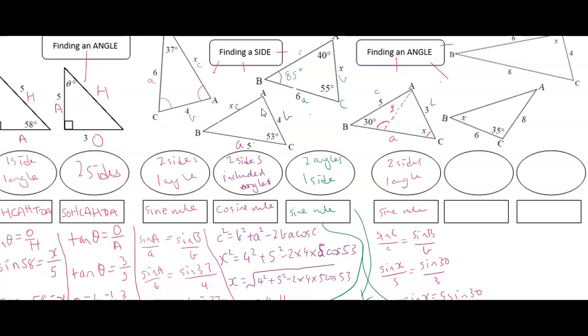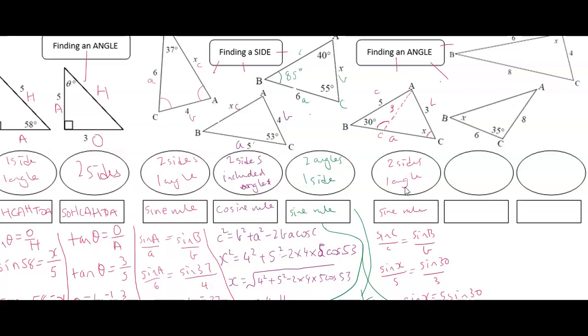If that was C, I'll call that C dash, there may be two solutions to your triangle. So that's what the ambiguous case of the sine rule is. It's when this side here could be 3, but you could also bring it in here, and that would give you that angle. So it's an obtuse angle.